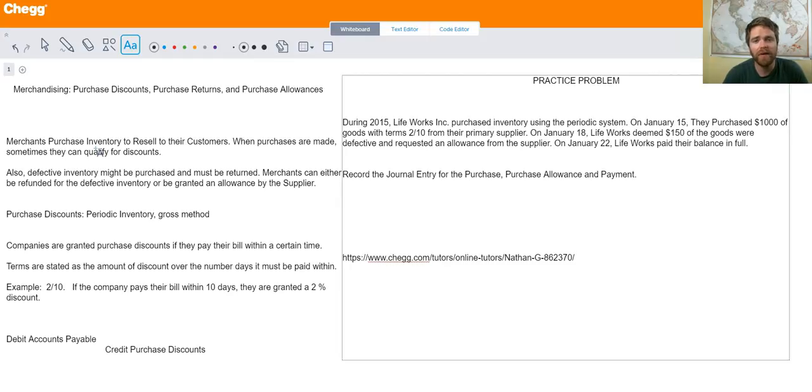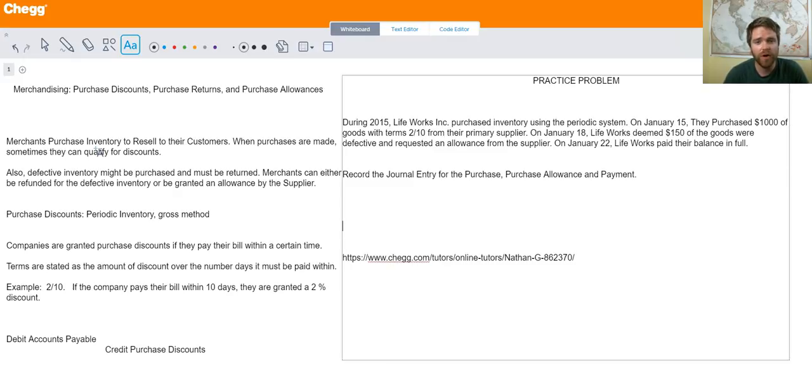Today we're going to be talking about purchase discounts and purchase returns and allowances for merchants. So merchants buy inventory from their suppliers, and then they resell it to their customers, and hopefully make a profit.